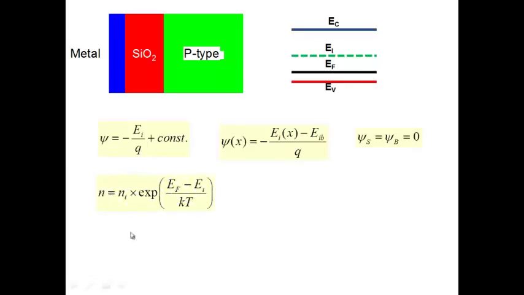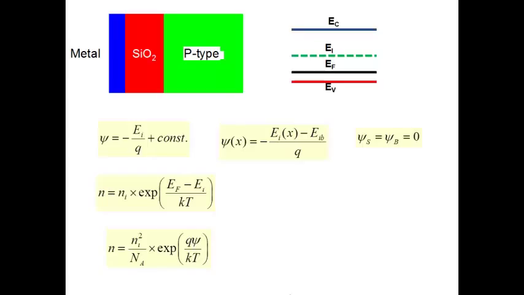Now, with n equal to Ni exponent EF minus EI by KT, this is an equation that we know. With this definition of psi as EIX minus EIB, you can easily, through a two-step algebra, show that n equal to Ni square over Na exponent Q psi by KT.